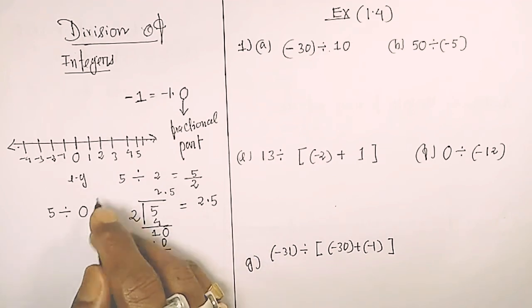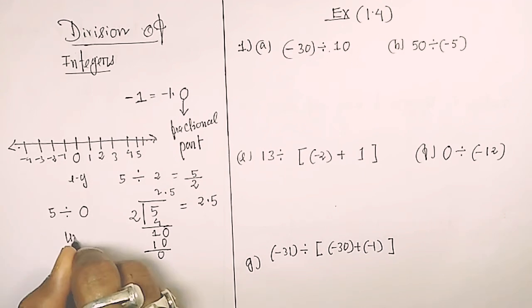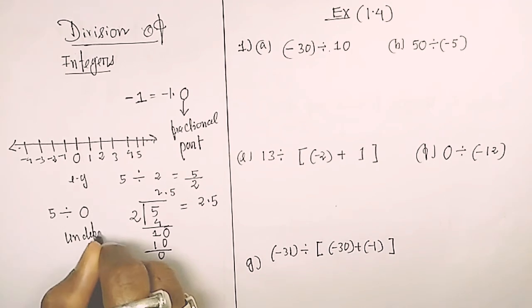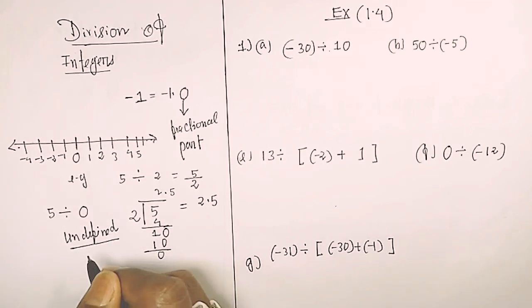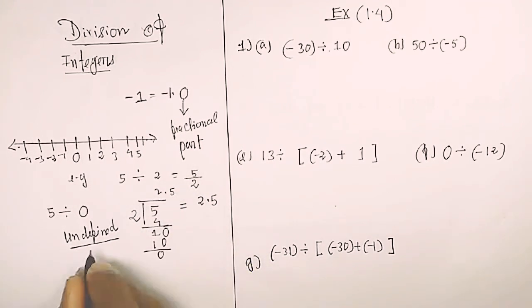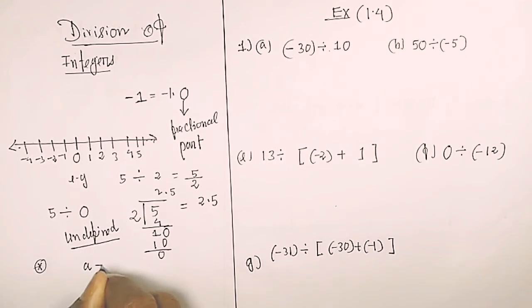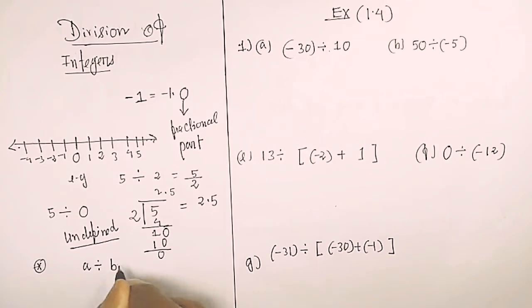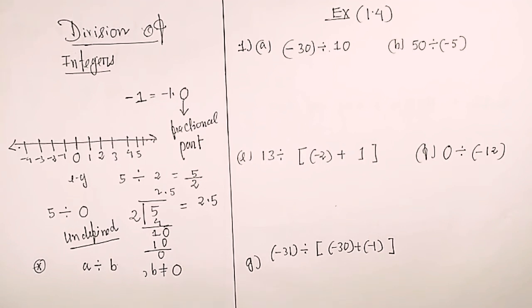So when we divide 5 by 0, the result becomes undefined. We cannot define the value. So this is rule number 1. Suppose a is an integer, we can divide by another integer b such that b not equals to 0. That means the divisor should not be 0.